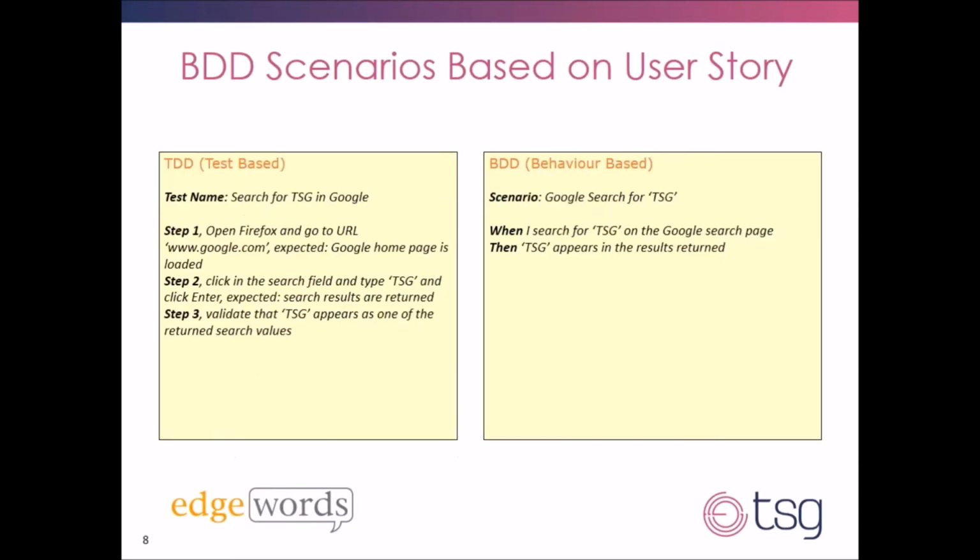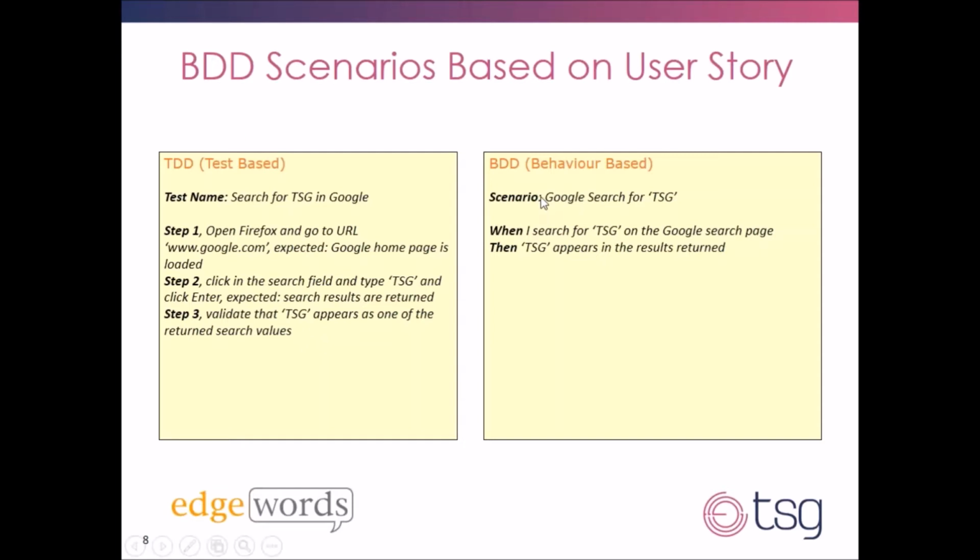So the difference between a test scenario in BDD compared with a test scenario in TDD is the level of detail we work at. If you notice, we've got two different scenarios here. On the right, we've got a BDD scenario, behavior-based, and it's very, very generic. In this case, it's not the 10-pin bowling, but we're describing searching for TSG using Google.